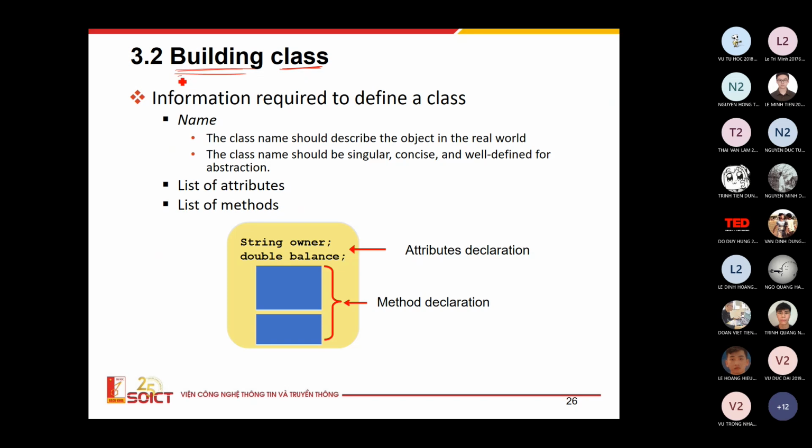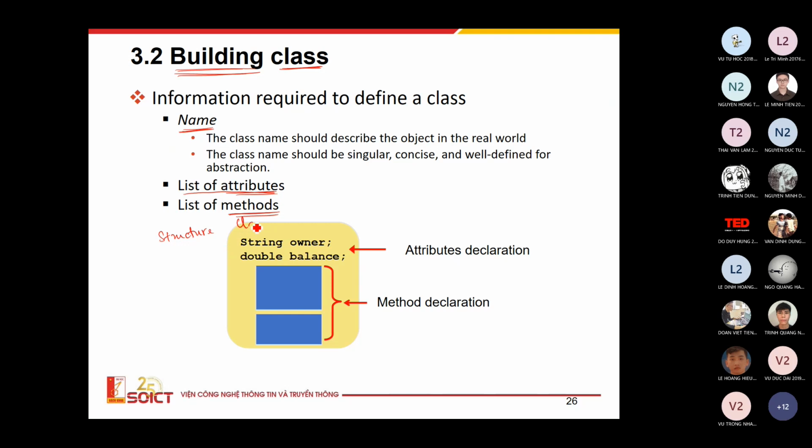You know the definition of the class, and now how you can write down a class. Firstly, you have to know the name of the class, okay? And you have to know every attribute of this class and every method for this class.